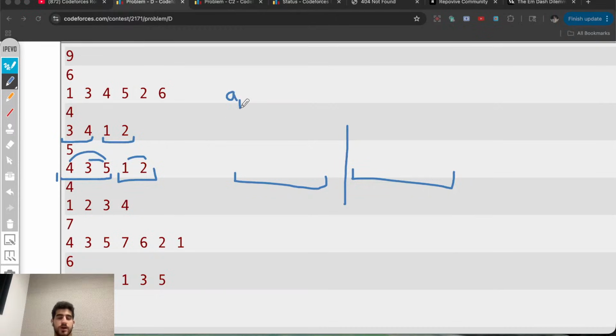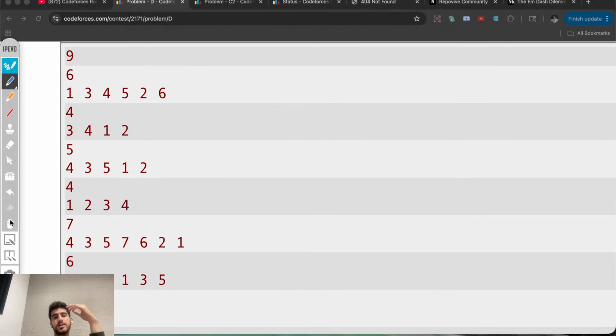If I have A1 in here, A1 will be connected to everything that is greater than A1. So every number from A1 to N is going to be in here, right? Okay, this is a good way to show it. So as soon as I have A1, let's talk about the values.